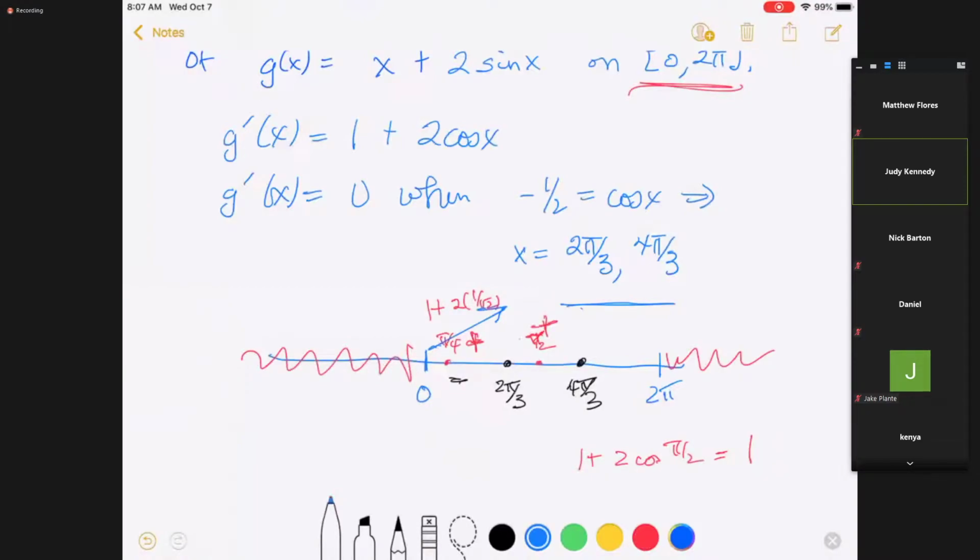The function's still increasing on that interval. Do I believe that? No. Okay, so what did I do wrong?